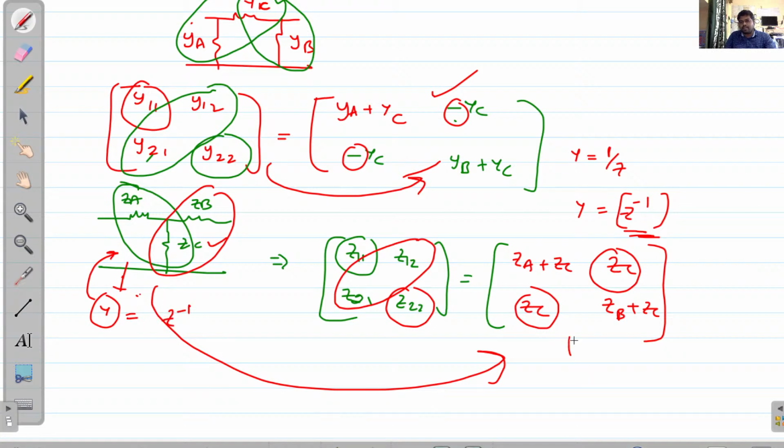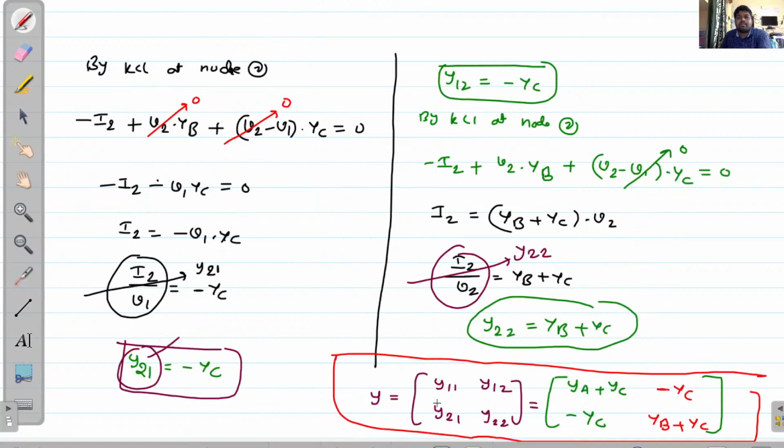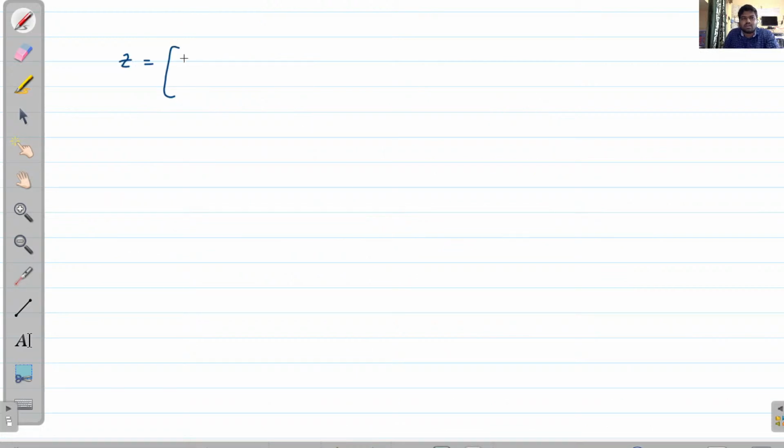This is your Z matrix, right? For this Z matrix you are able to find the inverse matrix. If you find the inverse of this Z matrix, then you will get the Y parameters. For example, you have ABCD for a T network or star network, right?